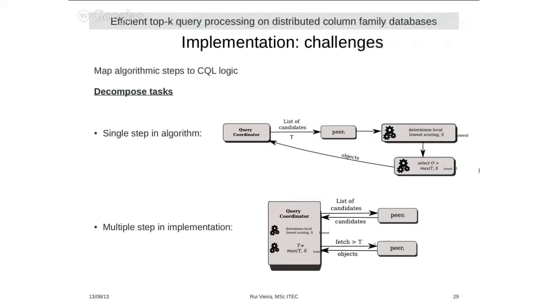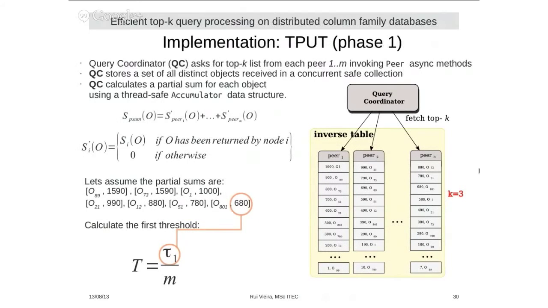We had to decompose this in our implementation, because Cassandra nodes could not perform that kind of operation. So we first retrieve the list of candidates, we calculate the maximum at the query coordinator, and then we fetch the objects which are above that maximum. Here is a very simple overview of how we might implement TPUT.